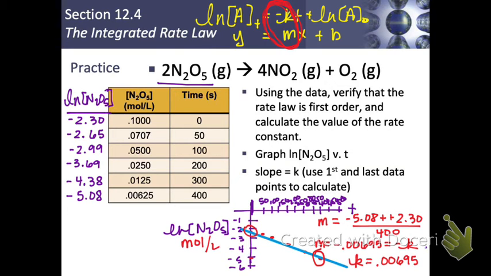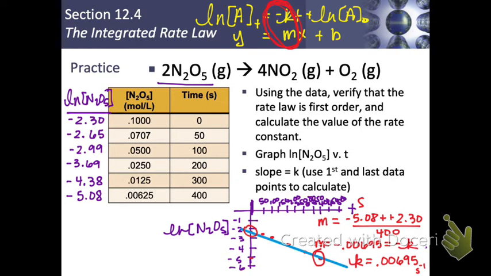Actually, no, it's not. Natural log doesn't have that unit. It's just seconds here, so our unit is just per second, or 1 over seconds. Kind of got lost there. The natural log of that concentration doesn't have the concentration units. It's just 1 over seconds.